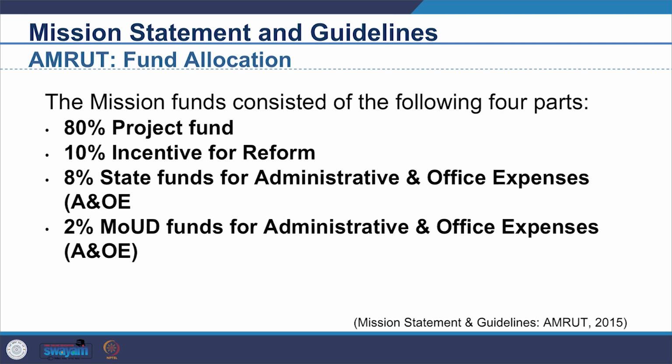Further, as we had already seen, the administration of office expenses have been included. So, state fund for administration and office expenses were 8% of annual budgetary allocation. Administrative and office expenses also have a component, and it has 2% of annual budgetary allocation.